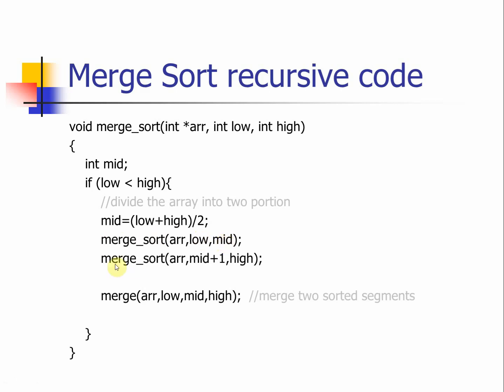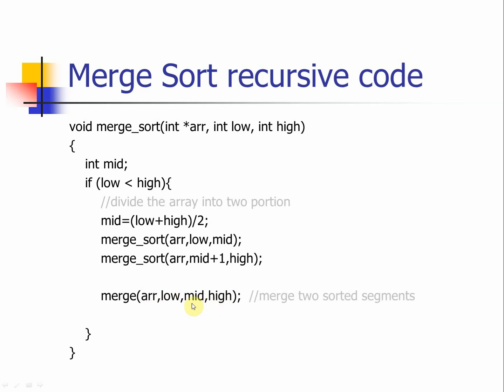When you finish the recursive call on this one as well as this one, you ideally get 2 sorted segments, and then you apply the merge operation. This is a separate operation over here, doing what we discussed as the merge operation, providing the array, where is the low index, where is the middle index, and where is the high index. They will try to merge them together.